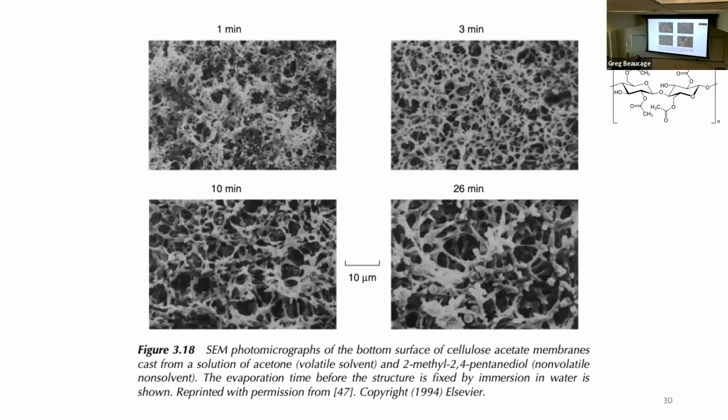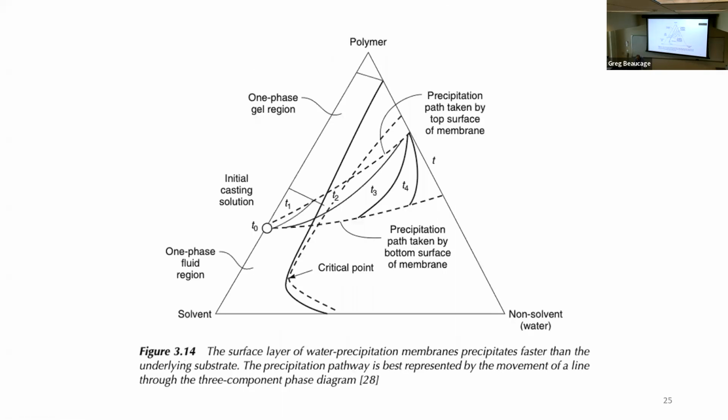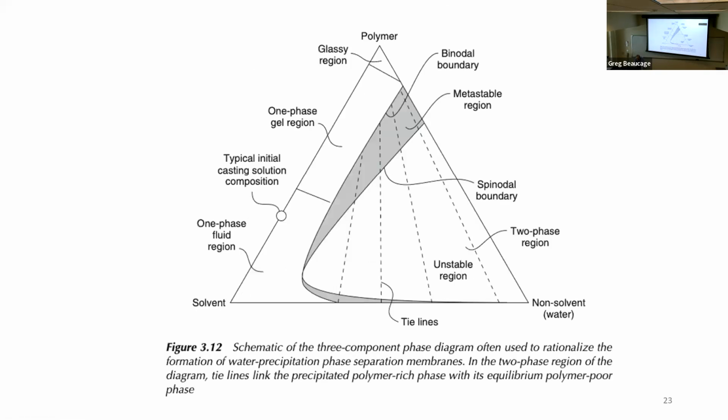Cellulose acetate. This is an evaporation process though. So you can also change the concentration, and that can drive you into the phase separation region, wherever that is. So you can use a non-solvent to drive into the non-solvent region. You can just evaporate it.